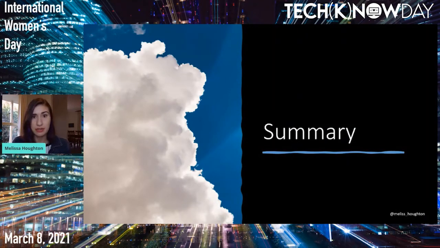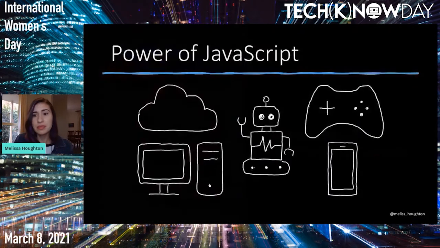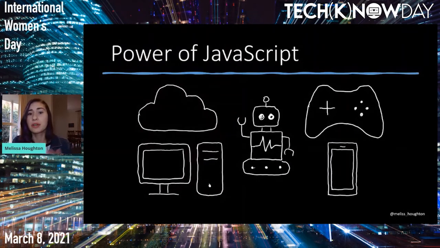You can expand it out to machine learning and artificial intelligence. JavaScript can be used not only in the cloud and the desktop, but also in mobile development with React Native, which is TypeScript, but turns files back into JavaScript. And also game development.